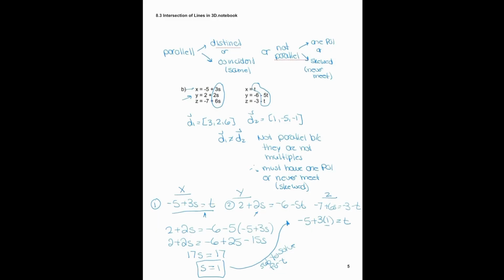All I've done is I've taken that s value of 1 and substituted it in. That gives me -5 plus 3 is equal to t. So t is equal to -2. Okay, so we now have our two distinct s and t values. Now, because we have that third, our z value, we have our third coordinate, now we have to check if the left side equals the right side for equation 3.